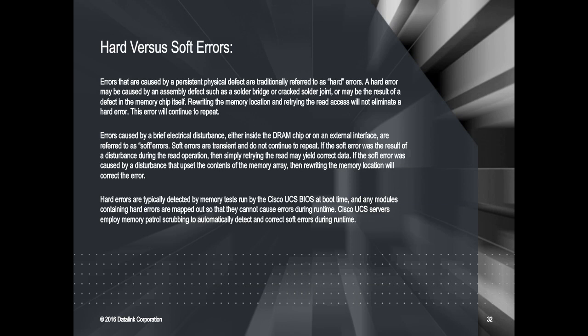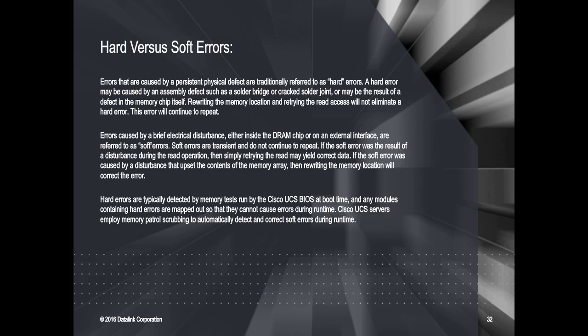If the soft error was the result of a disturbance during the read operation, then simply retrying that read may yield the correct data. If the soft error was caused by a disturbance that upset the contents of the memory array, then rewriting the memory location will also correct that error.